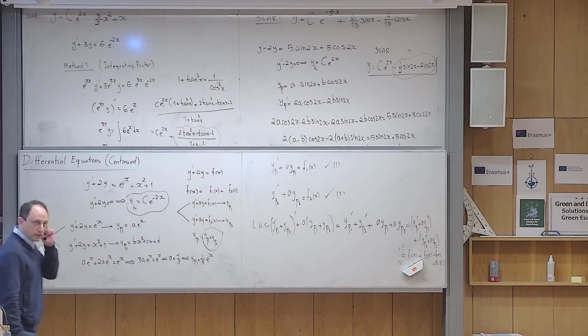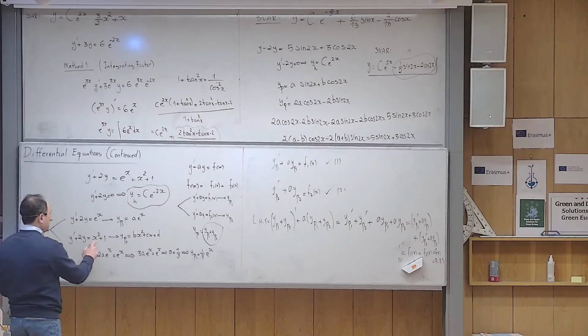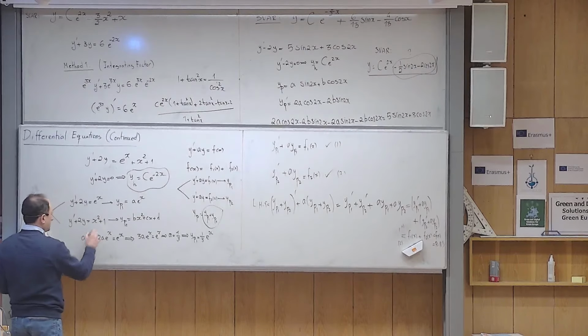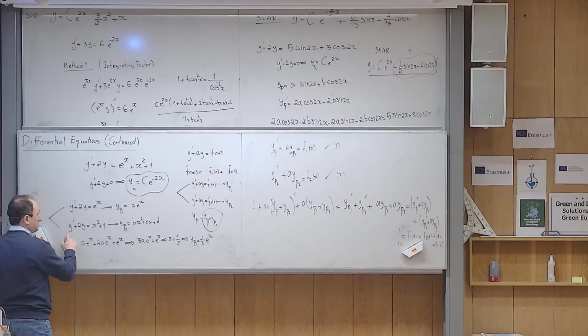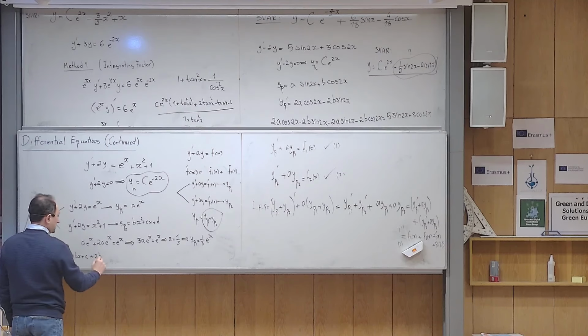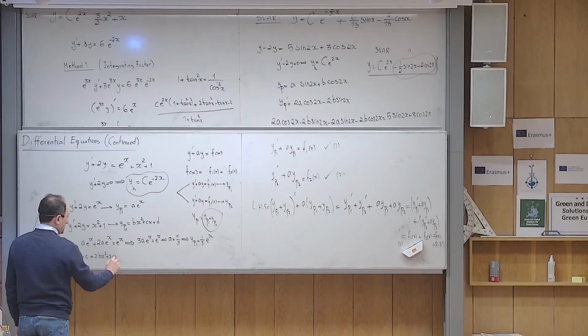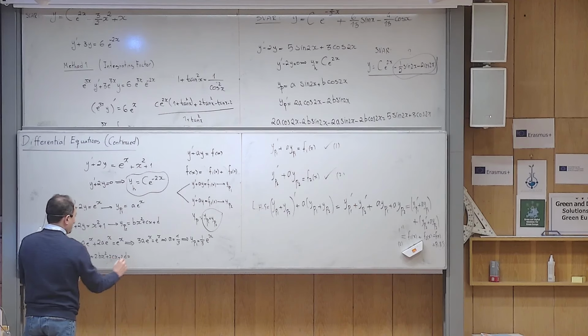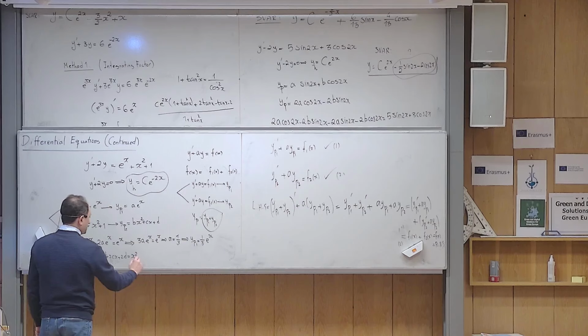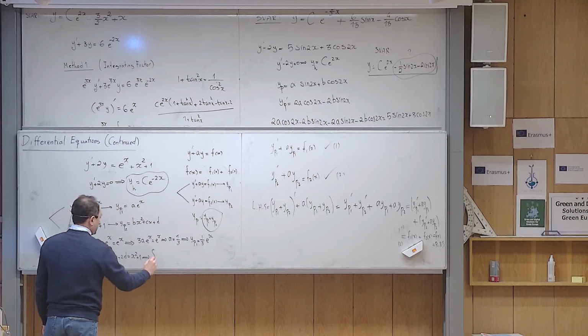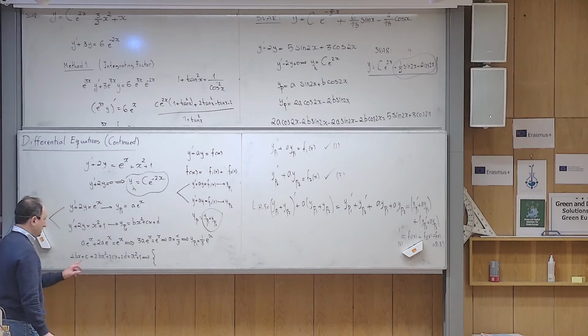And now I go to this one. So what is y prime? I put it here, so it becomes 2bx plus c, plus 2 times y, which is 2bx squared plus 2cx plus 2d. It's supposed to be equal to x squared plus 1. Because you have experience now, let us do it faster. So 2b should be 1, yes?